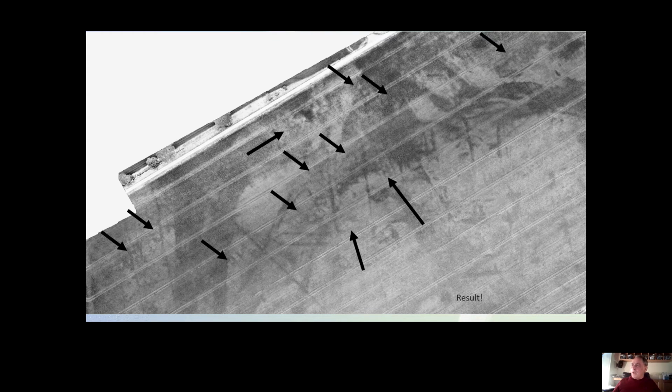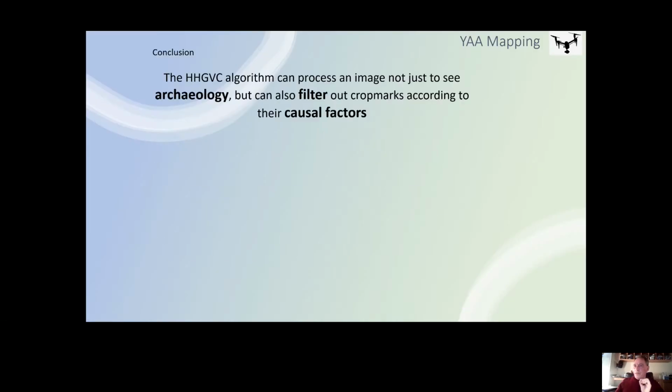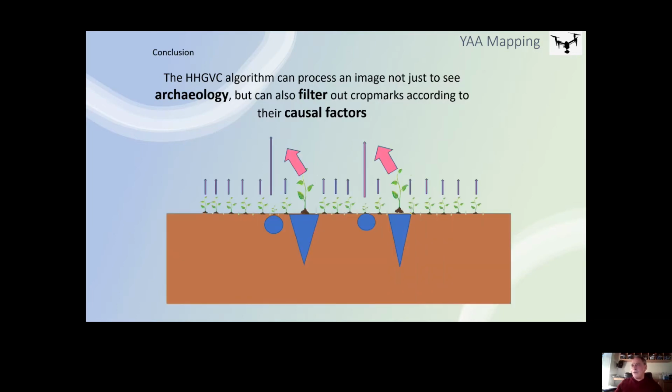Now, we've got rid of the land drains by changing the parameters of the processing on the algorithm. So what we've said to it is, don't look at that frequency, only look at this area here on the light spectrum. So what that means is that the algorithm can process an image not just to see the archaeology, but also to filter out crop marks according to their causal factors. Now this is a huge step forward.